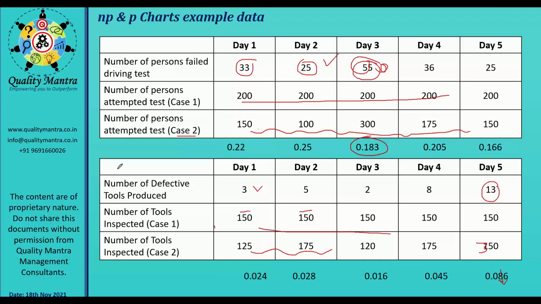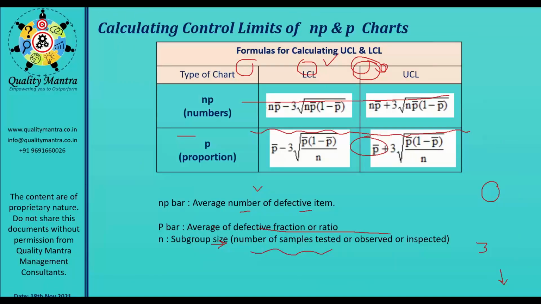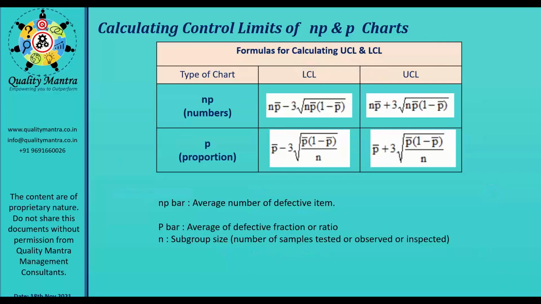Now, if the denominator keeps on changing, you need to use the P chart, that is proportion. Charts for proportion of units non-conforming. Now, if the charts are different, it means the LCL and UCL formulas will also be different.